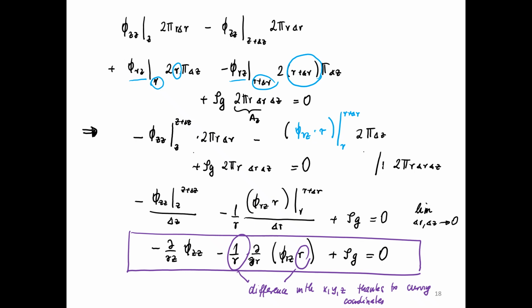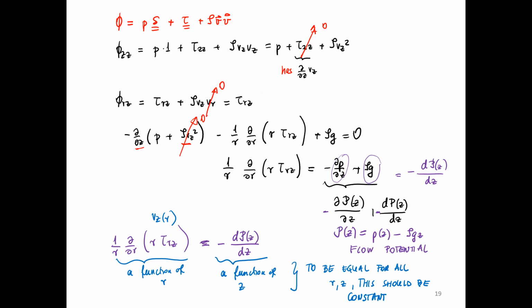So basically, this could be vapor, this could be a parallel fluid, it could be anything. It's now that I'm going to write down what phi is, that I'm going to assume Newtonian fluid. And that's going to be important for today's example. So when I do that, I write down what phi zz is with all of the components, what phi rz is with all of the components, I put them in.